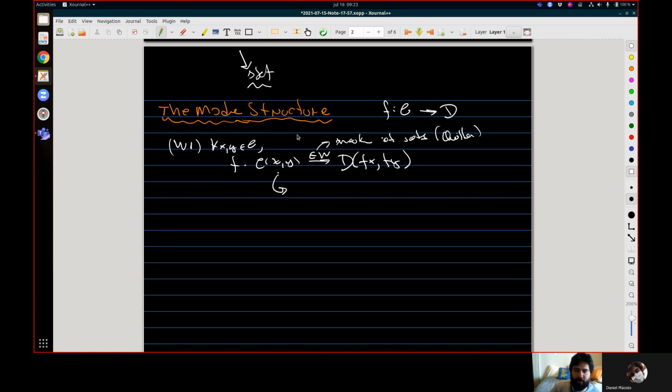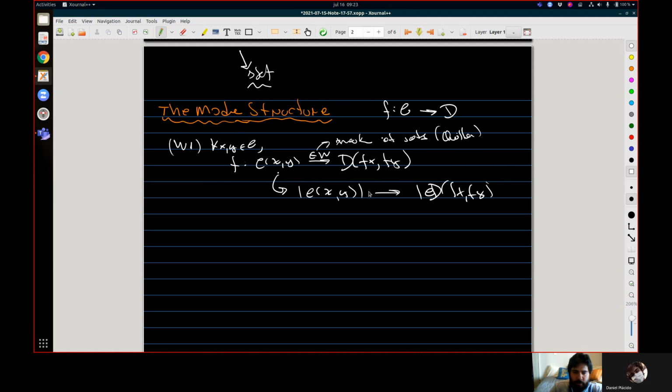This weak equivalence is to say that the geometric realization of this morphism is a map of topological spaces that induces an isomorphism in all homotopy groups.